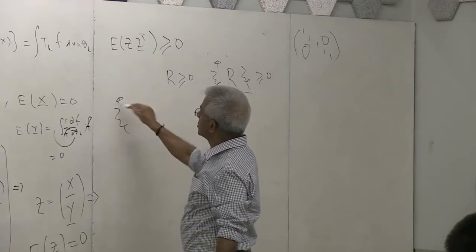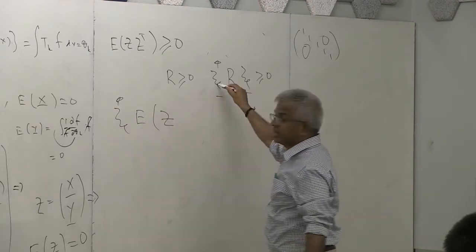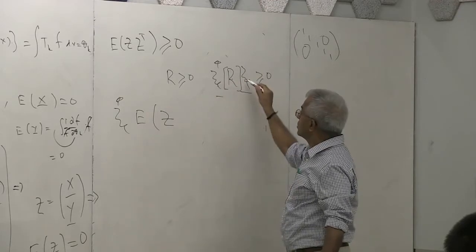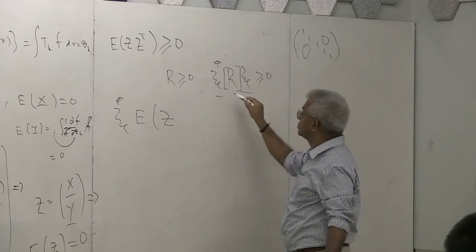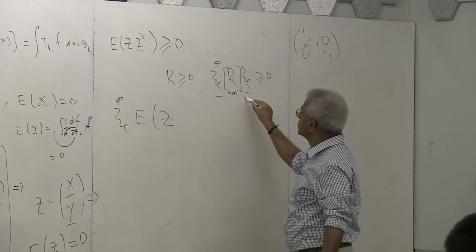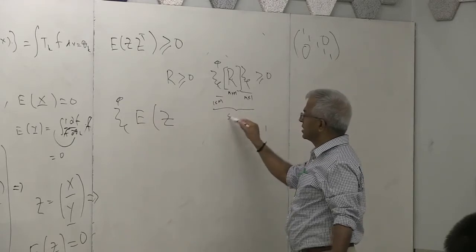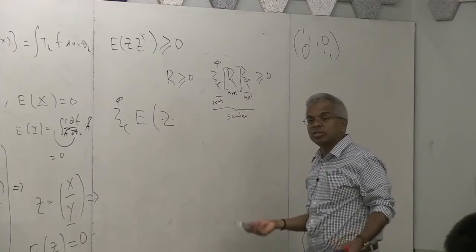Let me multiply this with a vector, then you have expected value of z z transpose. Remember, of course, this vector has to match the size. If this is m by m, this vector has to be m by 1, and this will be 1 by m. So the whole thing is a scalar, and it makes sense to talk about a scalar being positive or not.